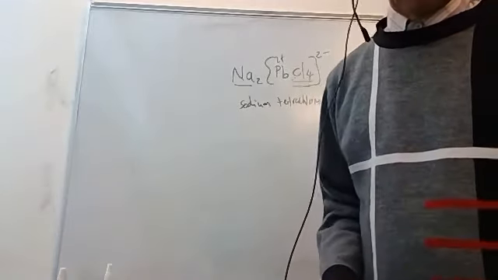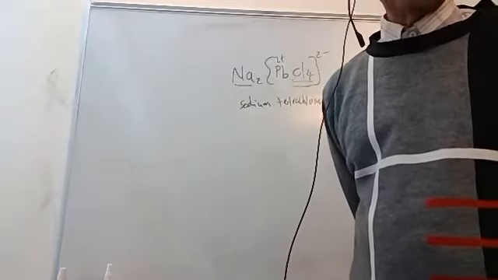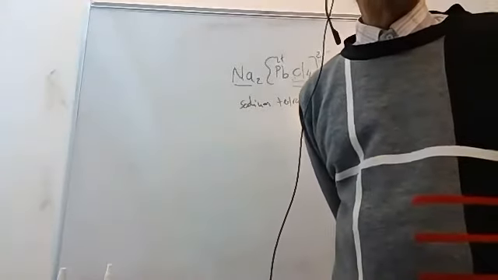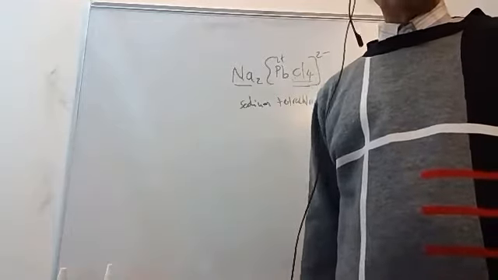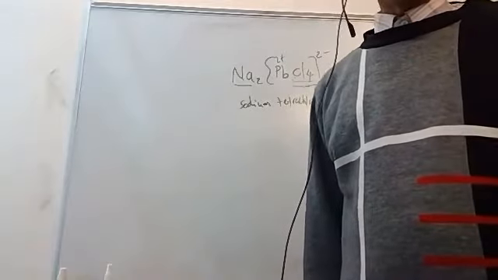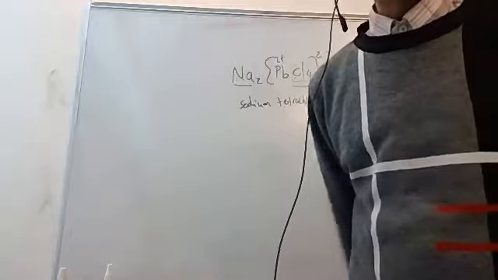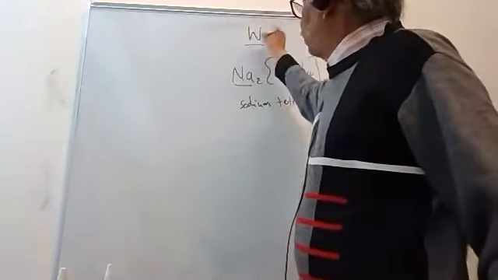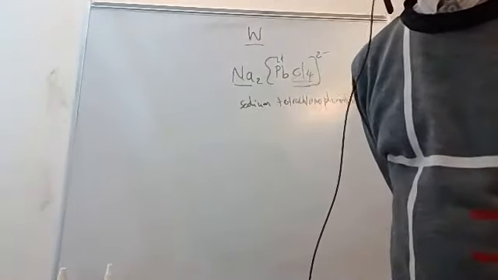I'm giving you lots of examples, so you must be familiar with the Latin names, because if you have tungsten, we don't use tungsten, because anytime you see the name and the symbol being different, then you know the actual symbol must be from a different name. That is the name that we should be using. Tungsten has a formula of W. There is no W in the spelling of tungsten, right?